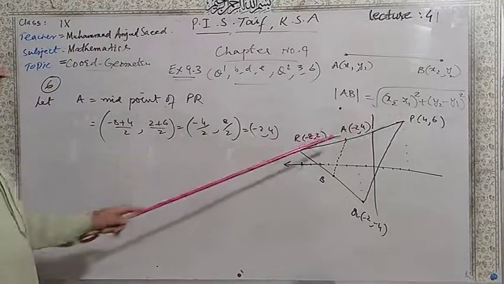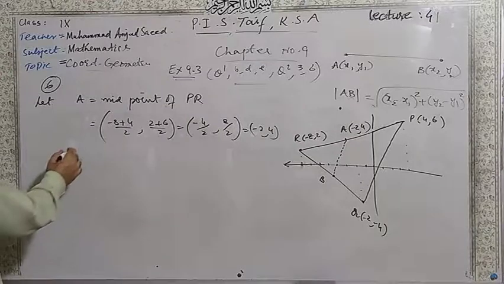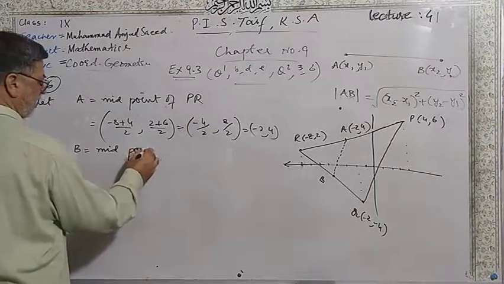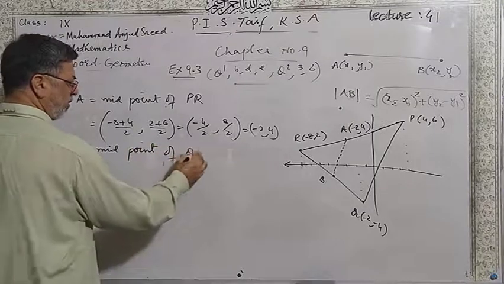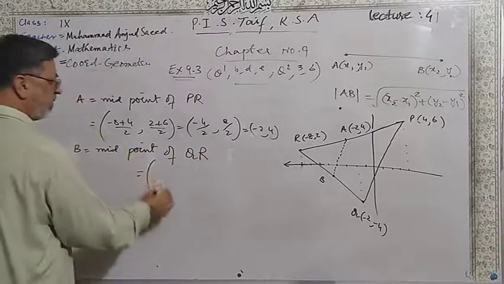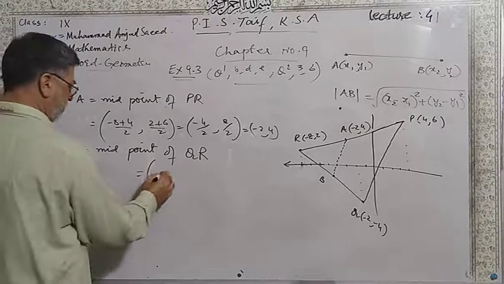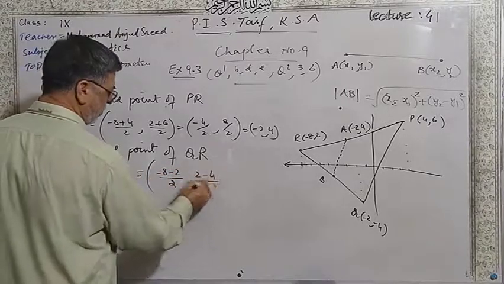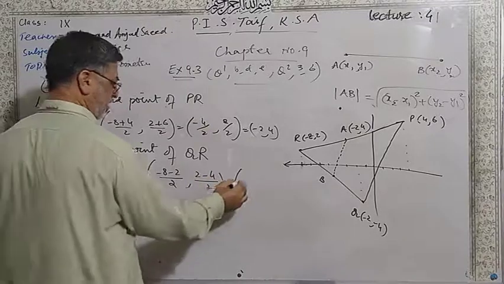First plus first over 2, second plus second over 2. Similarly, B is the midpoint of QR. That will be first plus first over 2 and second plus second over 2. What will that be?